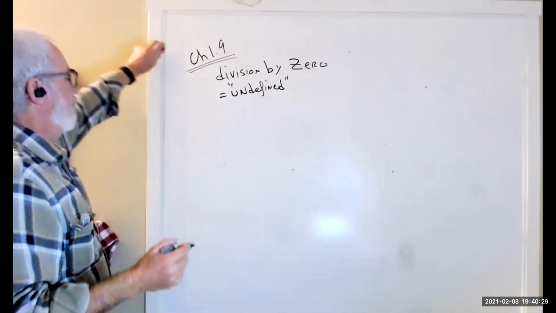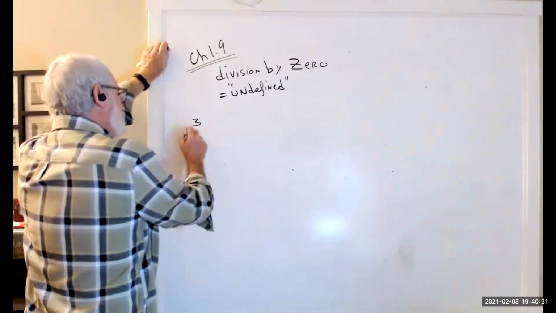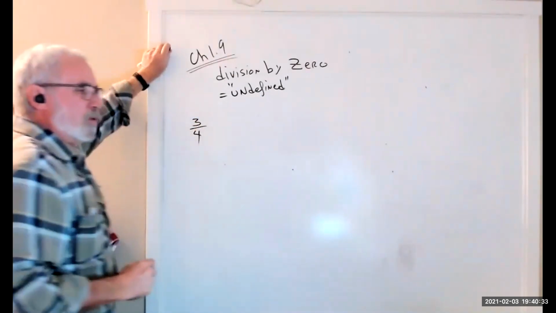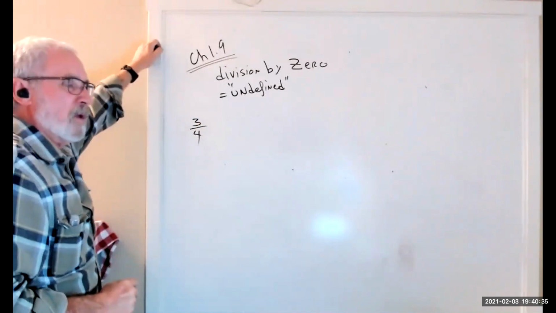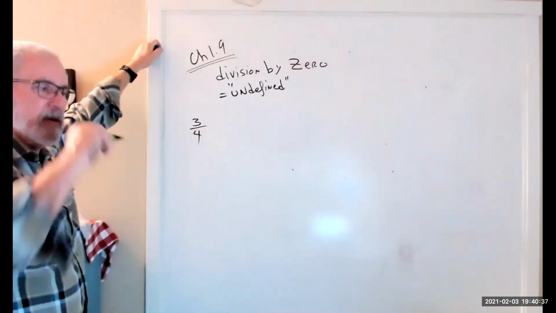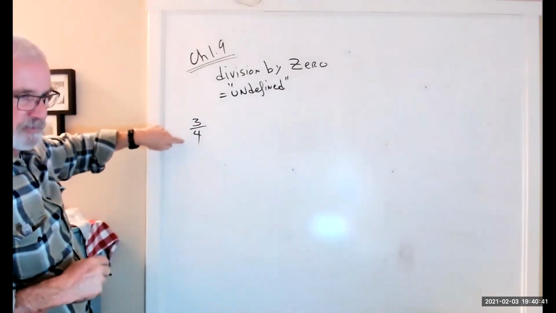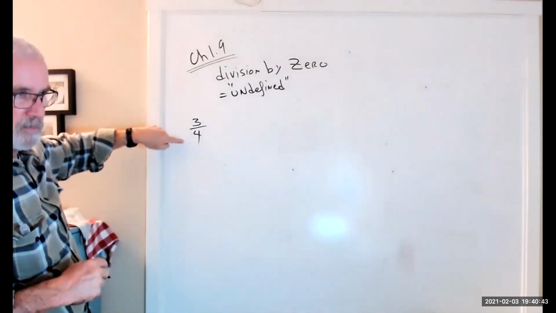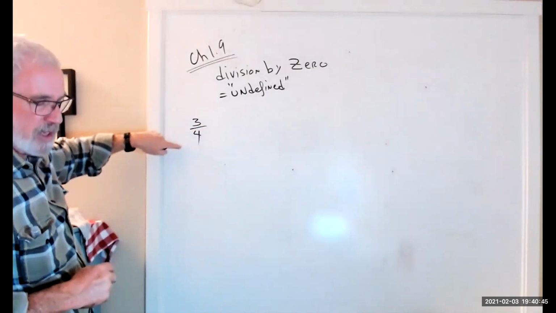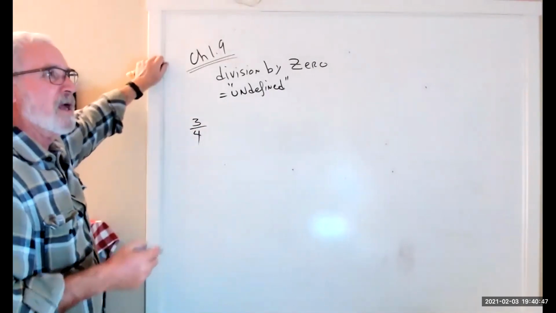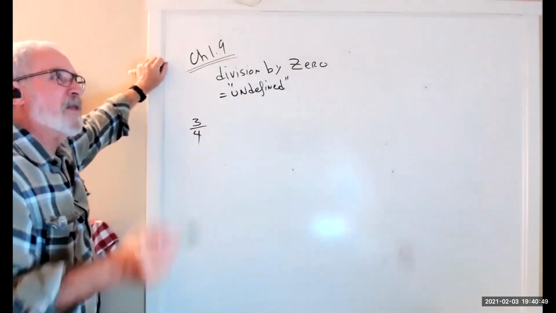Okay, let's go back to grade school. Yay for grade school. Anybody remember how they first introduced the fraction 3/4 to you? The 3 is the numerator, the 4 is the denominator, but how did they introduce it to you?